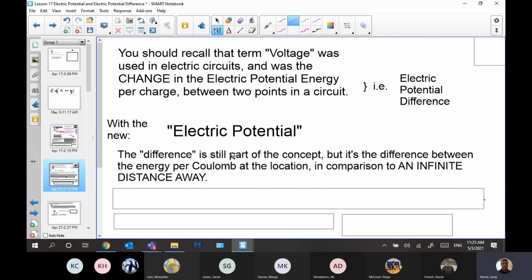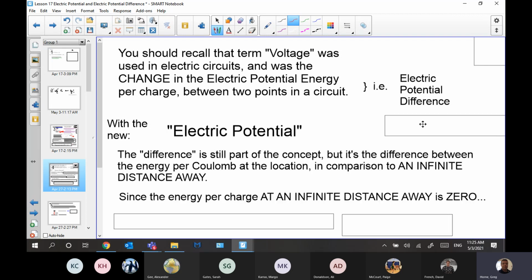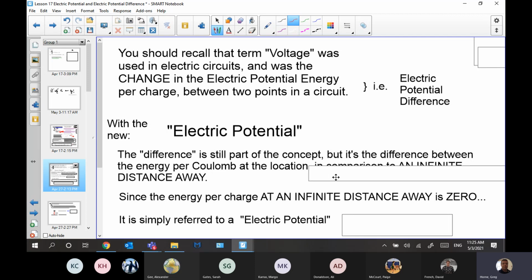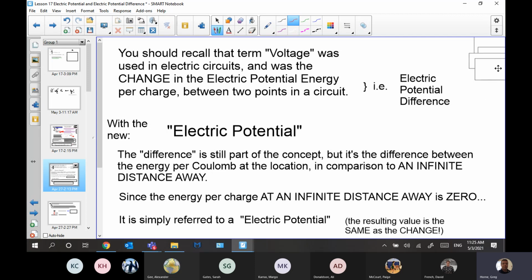Difference is still part of that concept, 100%, but we don't say it because it's a difference between the energy per coulomb at the location in comparison to an infinite distance away. At an infinite distance away, the energy is 0, right? And so what we're saying is you can just refer to it as electric potential because the result you have is the same as the change.